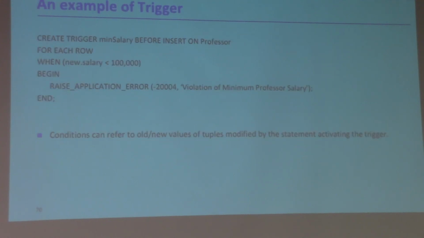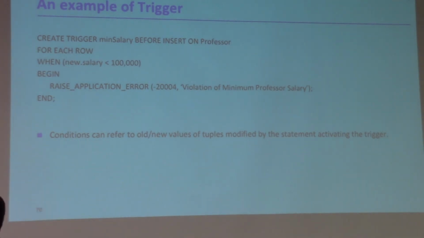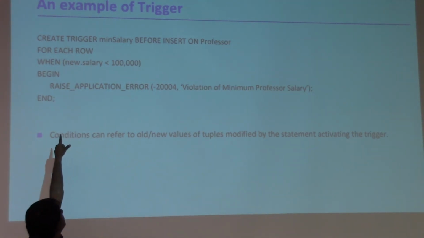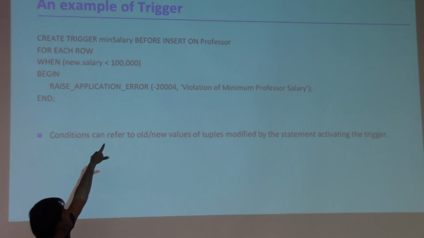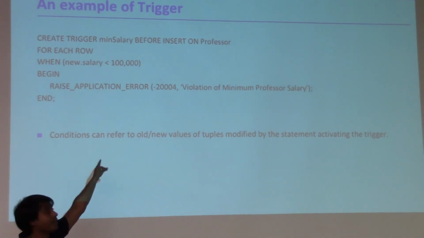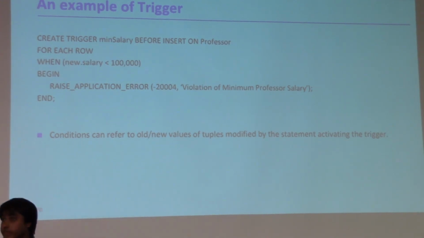See this one: create trigger minimum salary before insert on professor. When I do an insert statement on the professor table, it has to check the when condition: new.salary is less than 100,000. If a professor's salary is less than 100,000, it will say a violation of minimum professor salary. In that way, you can do that check statement in MySQL.